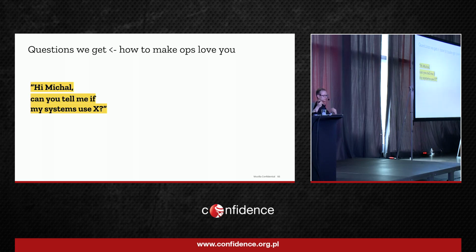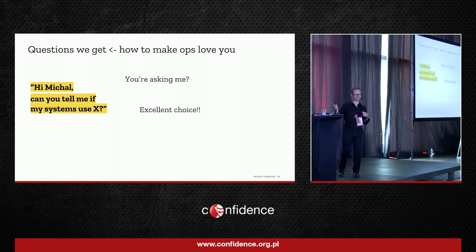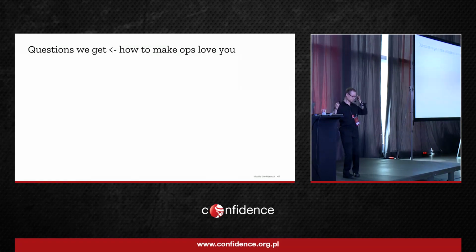We do the traditional vulnerability management, but sometimes we don't have enough visibility. So when our operations team asks me, hey, do we run this protocol? Do we run this application? I'm asked, you are asking me? And second, excellent choice, because we probably know about it.